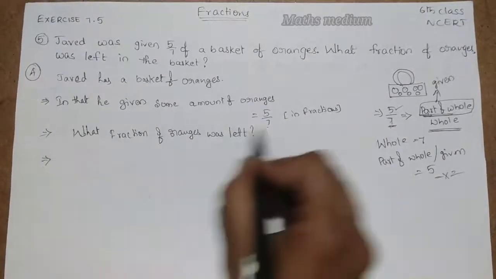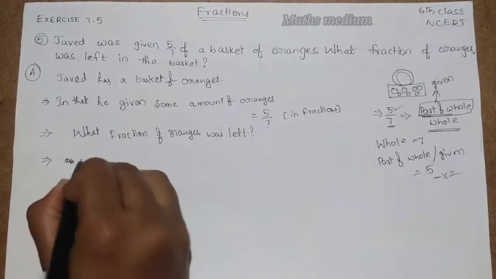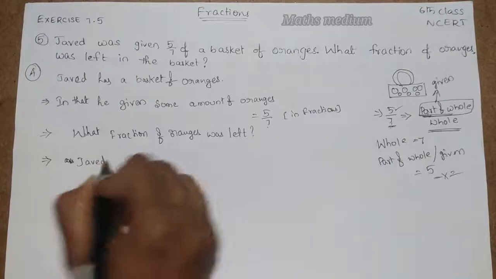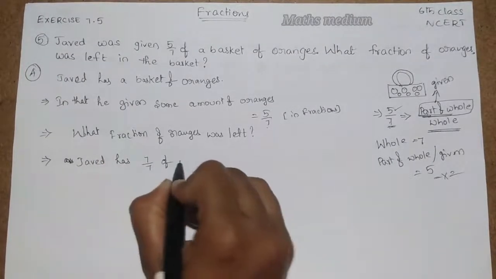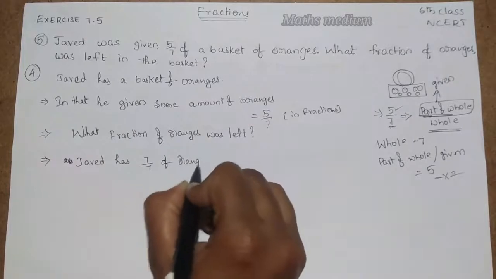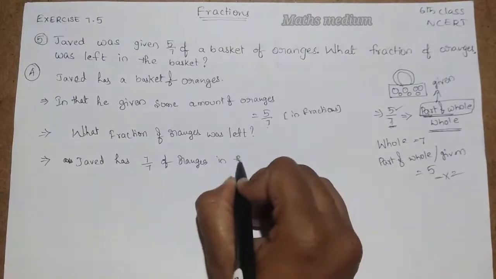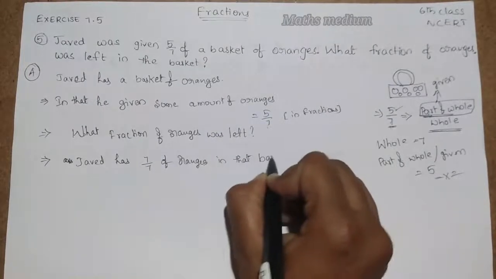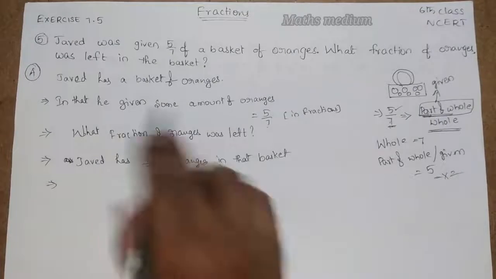So here, this is the 5 by 7. We have to conclude that Javed has 7 by 7 of oranges in that basket, right? In that he gave 5 by 7.